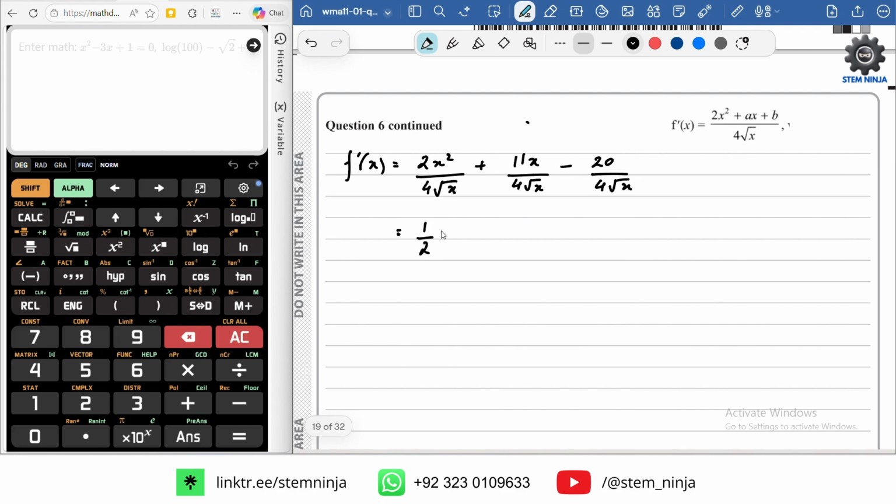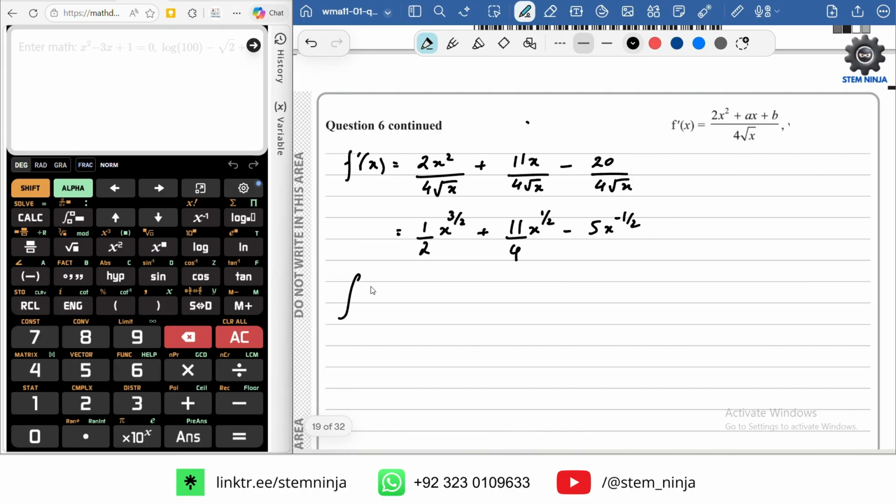So it's 1 over 2 x to the 2 minus 1 over 2, which is 3 by 2, plus 11 over 4 x to the 1 minus 1 over 2, which is 1 over 2, and 20 divided by 4, 5, and x to the minus 1 over 2.